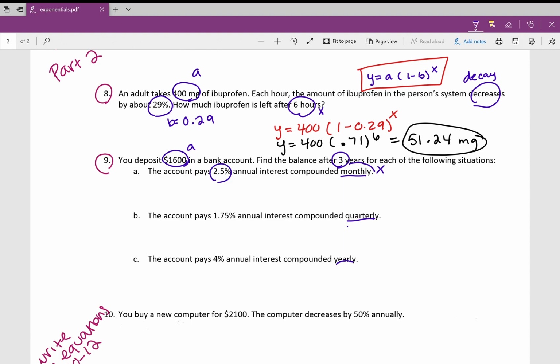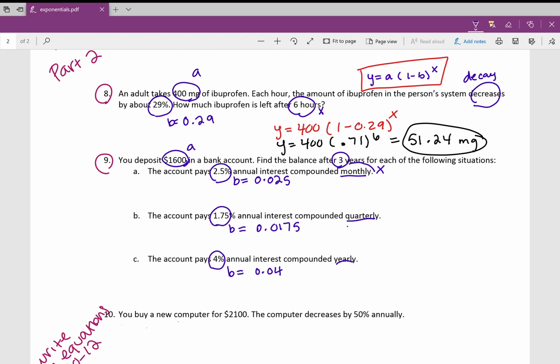And then these percentages are our b values. 2.5% converts to 0.025. 1.75% converts to 0.0175. Remember, 2 decimal places to the left. And 4% converts to 0.04.